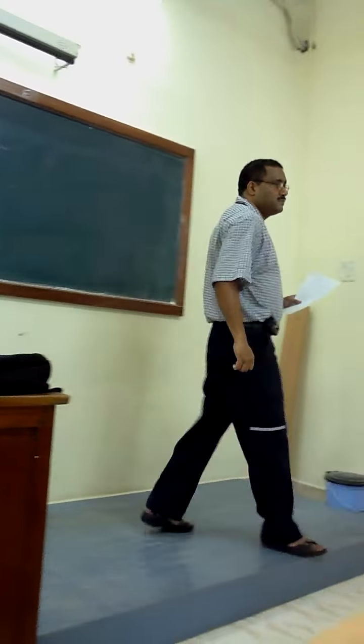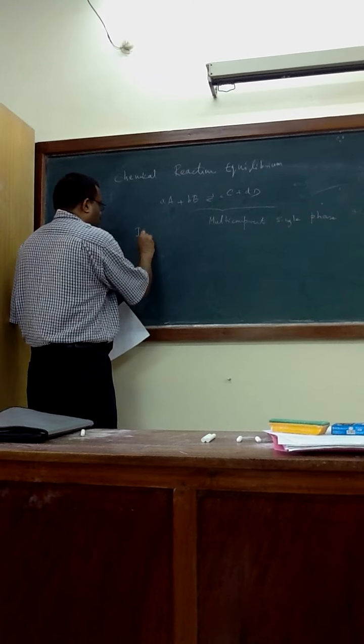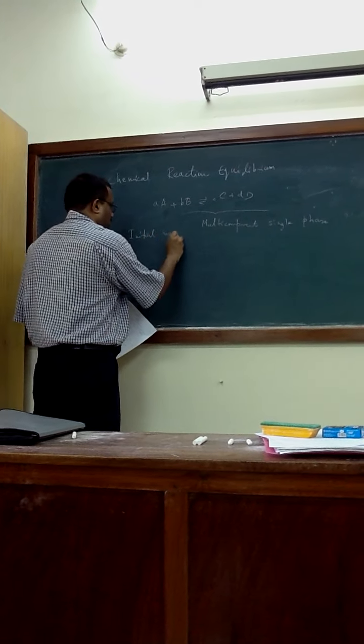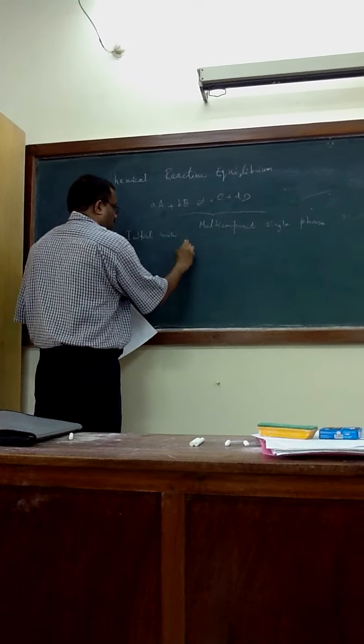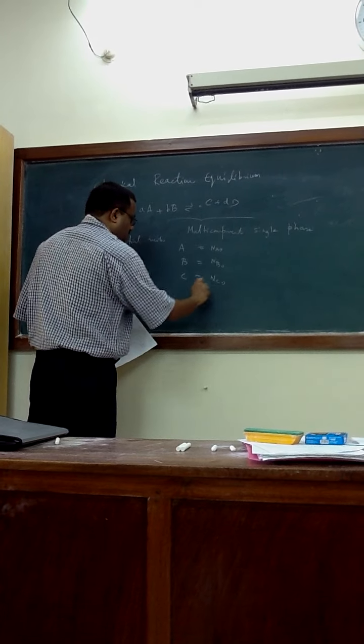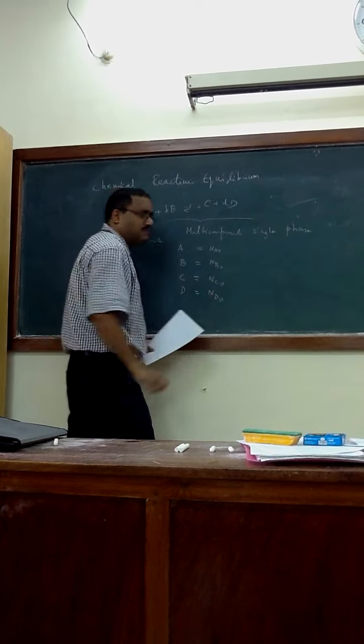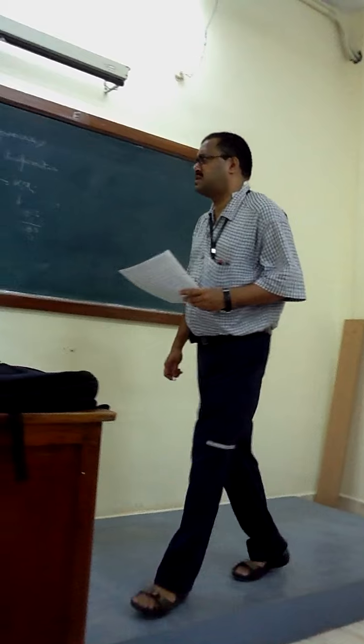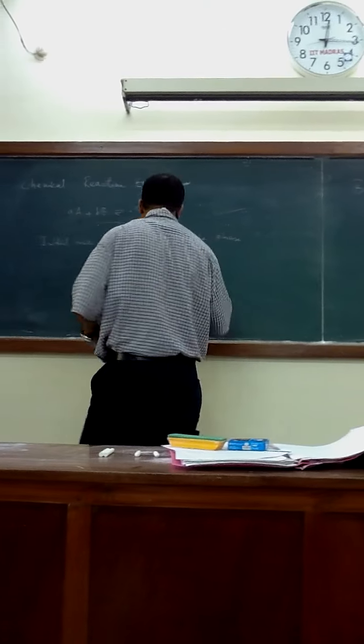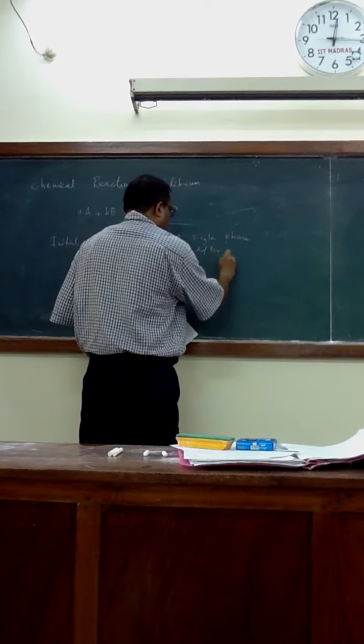If we consider the initial moles of A, B, C, D as Na0, Nb0, Nc0, Nd0, the initial moles of each compound. When the reaction starts, at time t, the number of moles becomes Na, Nb, Nc, Nd.